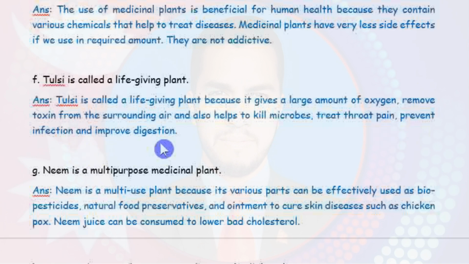Dear teachers and students, Tulsi, in Hindu religion, it is very nicely kept, protected. It is why we can also observe from this that Tulsi is very good for us. It is a life-giving plant.